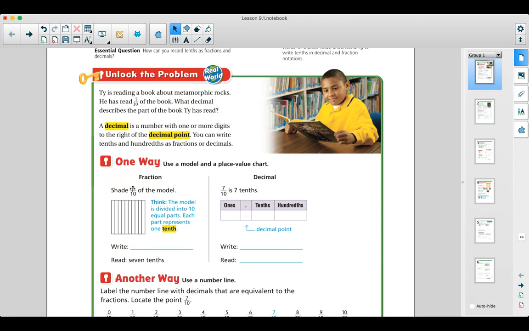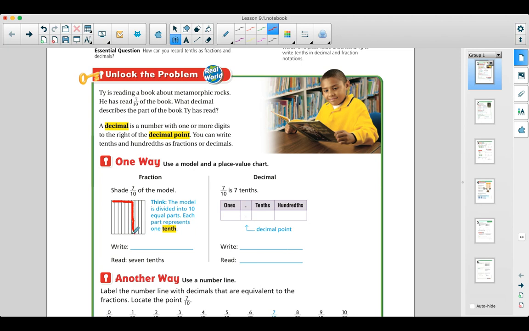So, shade 7/10 of the model. The model is divided into 10 equal parts. Each part represents 1/10. So here we have 7/10. So we're going to shade in 1, 2, 3, 4, 5, 6, 7.